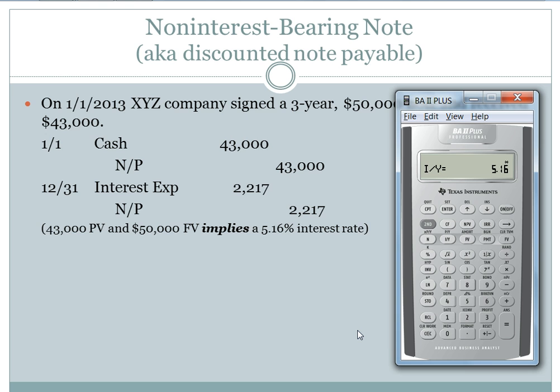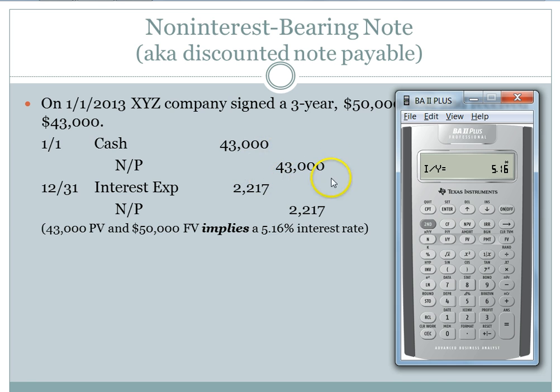Okay, so now that I have the implied interest rate, that gives me the information I need to determine the interest expense. And here's where things get a little bit different. What I have to do to compute the interest expense is take that implied interest rate, that 5.16%, and multiply it by the amount of loan that is outstanding currently, the book value of the loan.